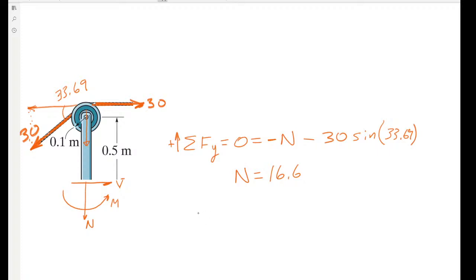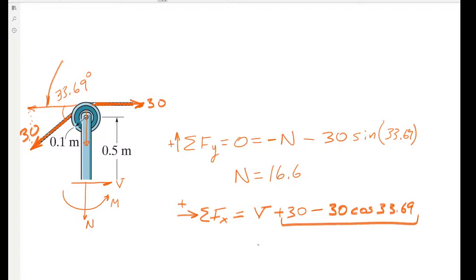The shear, sum of the forces in the x, and I've got my shear going to the right. I also have a 30 going to the right, and I have a little bit going to the left, minus 30 cosine of 33.69. So I can move this over.